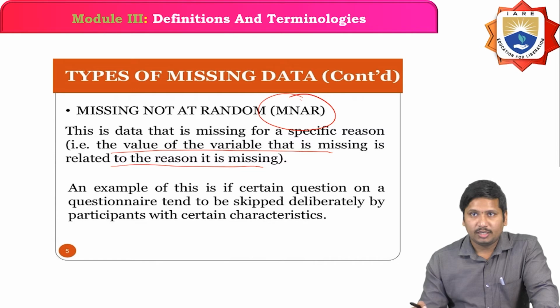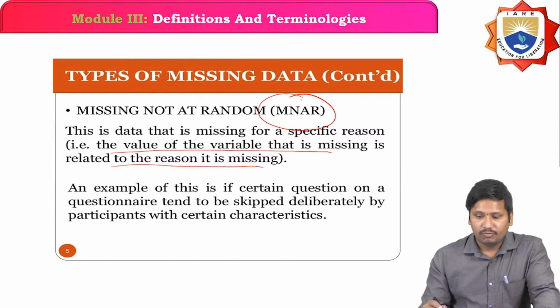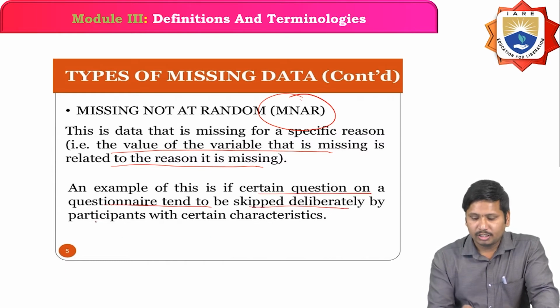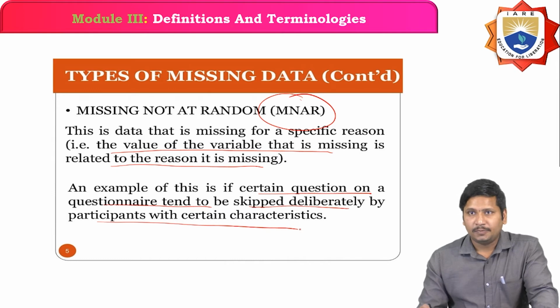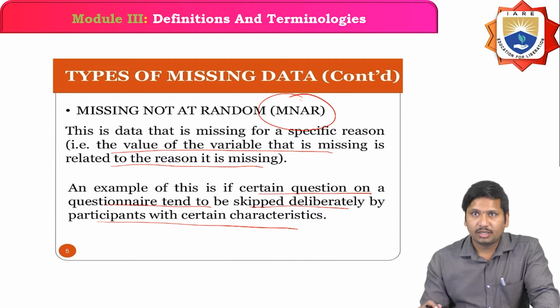There may be some reason due to which the value of the variable is missing, and this is considered a missing not at random case. An example is a certain question on a questionnaire that participants with certain characteristics tend to skip deliberately. Based on the characteristics the participants have, if the question is ignored, then it comes under the missing not at random case.